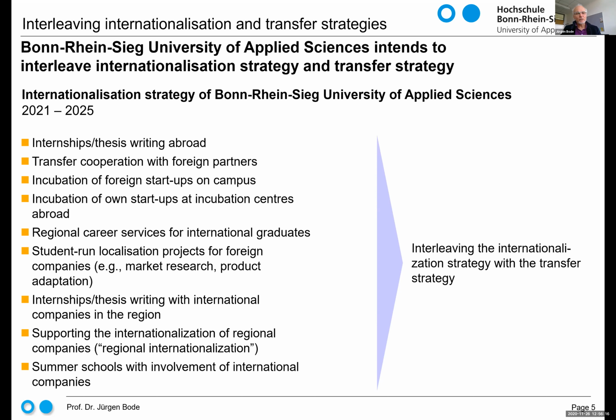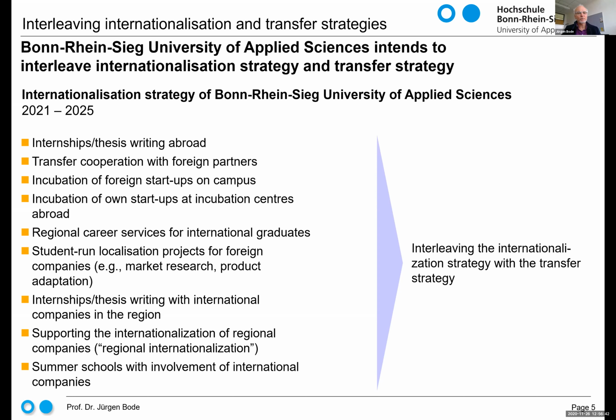Also, we have regional companies, especially the so-called German Mittelstand, small and medium-sized enterprises, who are not yet too international, but they are seeking support for their internationalization endeavors. And we as a university, in our mission to do transfer, can support these regional companies in their internationalization efforts.